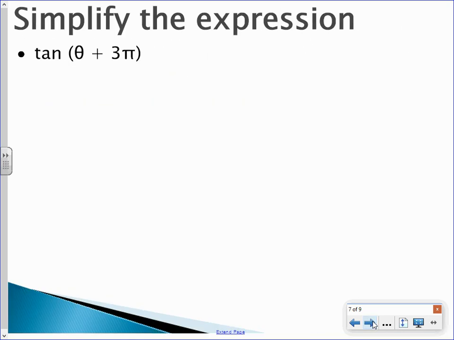Okay, our first tangent example is to simplify. I'm going to give you about 20 seconds to just use the tangent formula to rewrite that right there. Just the one step. There's a sum inside. Go ahead and apply the formula.